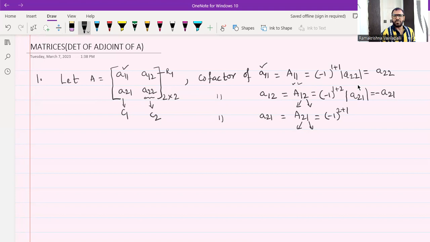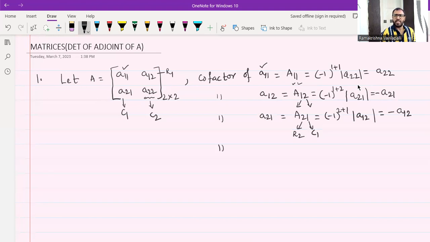This is row 2, and this is in column 1. So remove the second row and first column. Then a12 is left. So this is equal to minus a12.